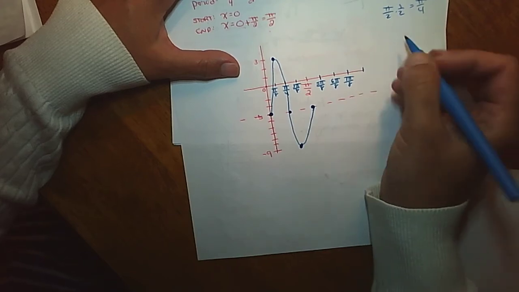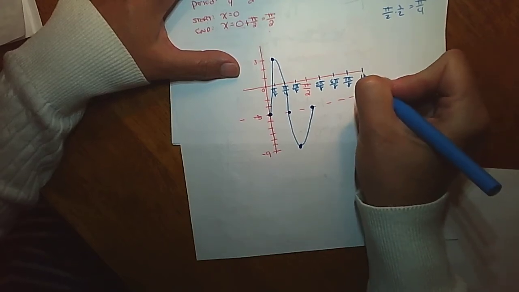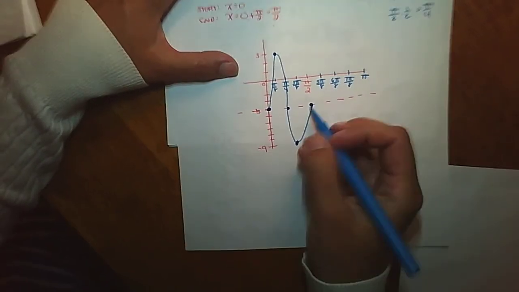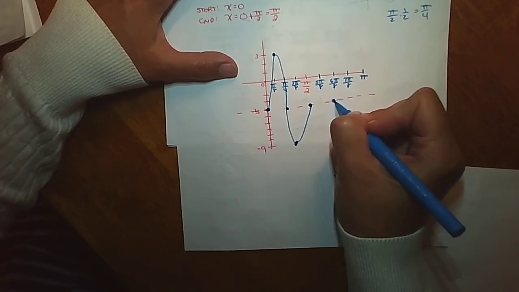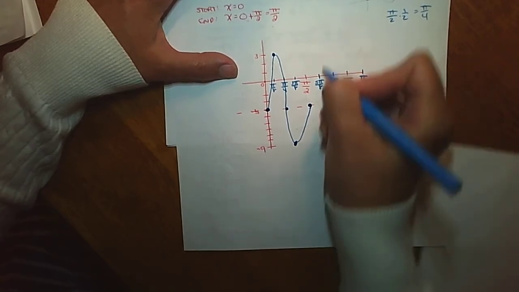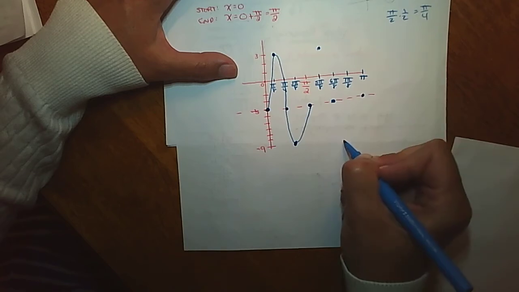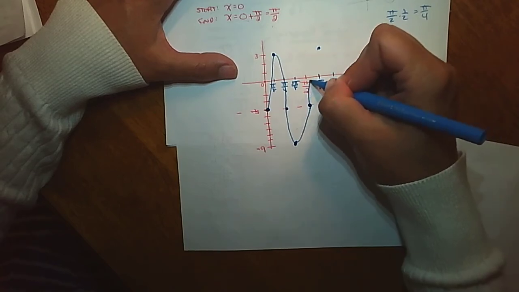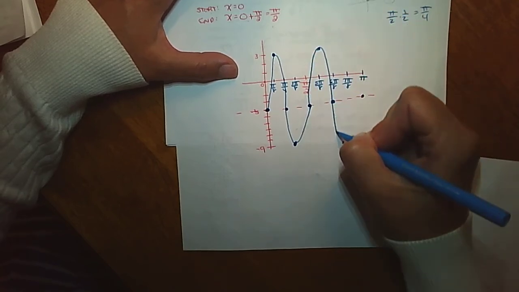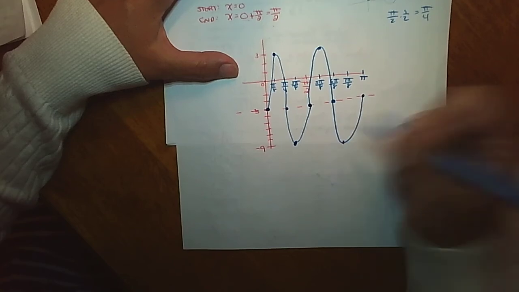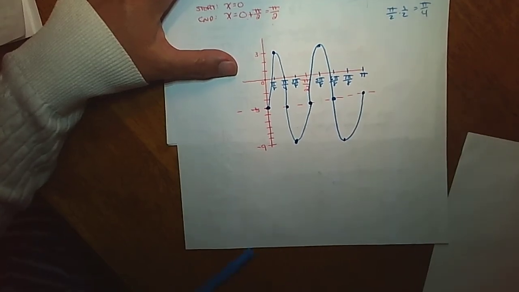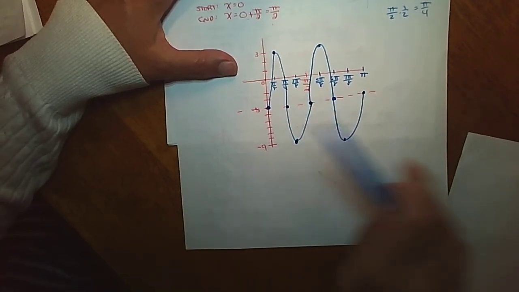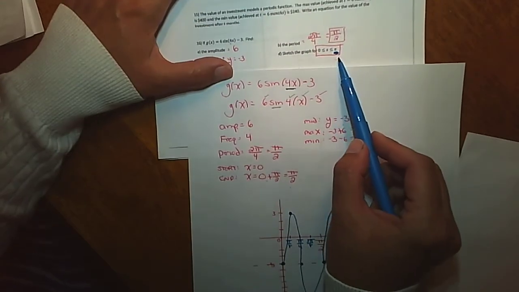And guys, what would 8 pi over 8 make? Pi. So you're just going to repeat this pattern one more time. It's a little sloppy, but there you go. So that's what the graph would look like if I had to go all the way out to pi.